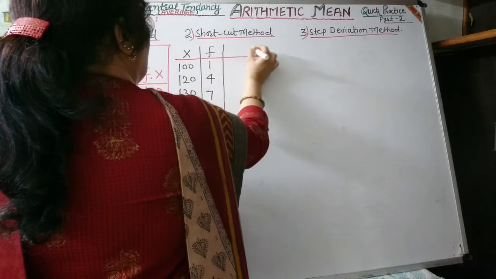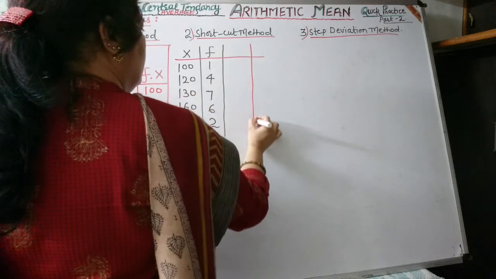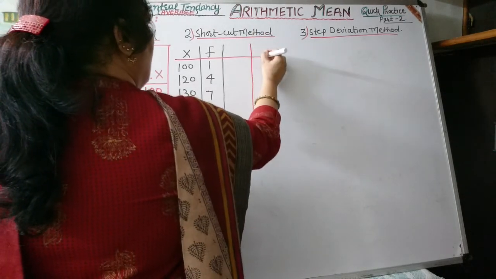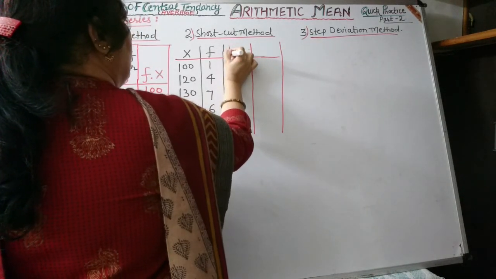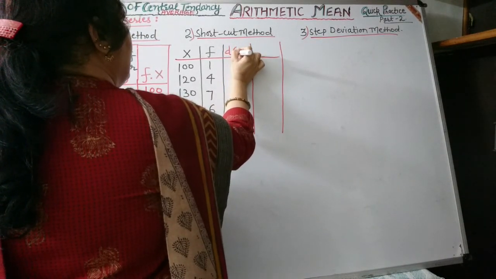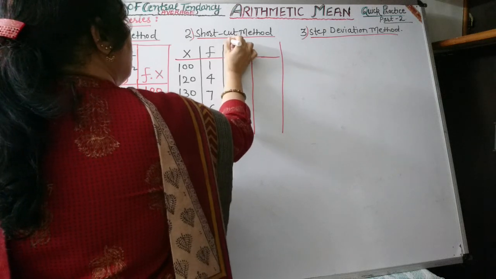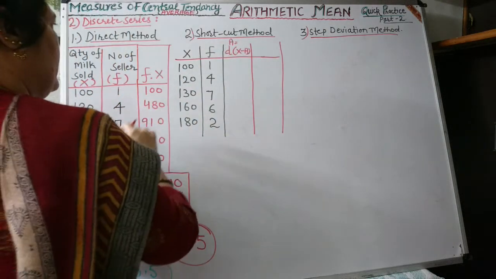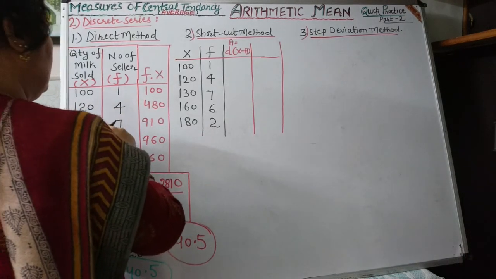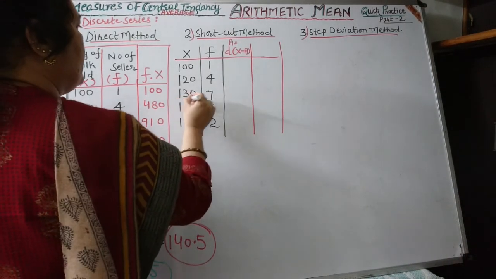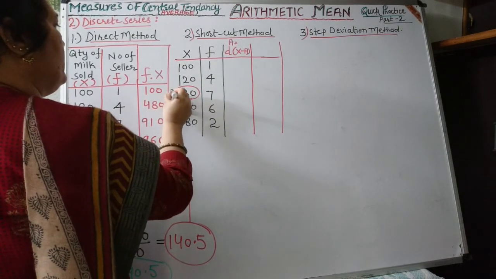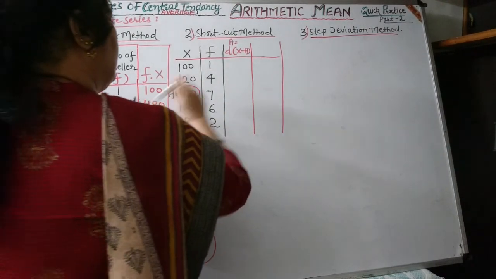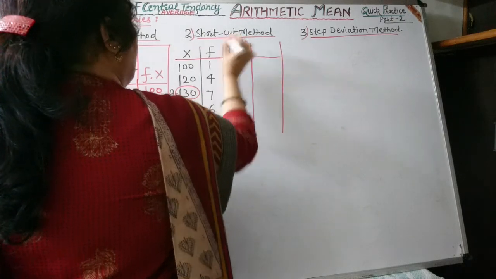Now I am preparing 2 more columns, one for D. D can be calculated as x minus A. A means assumed mean, which is taken from the values of x. The middle value of x will be considered as assumed mean, so we are taking 130 as assumed mean.